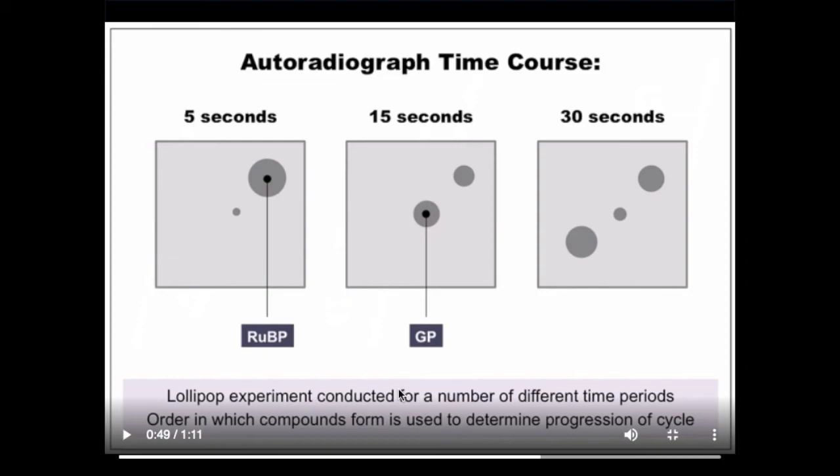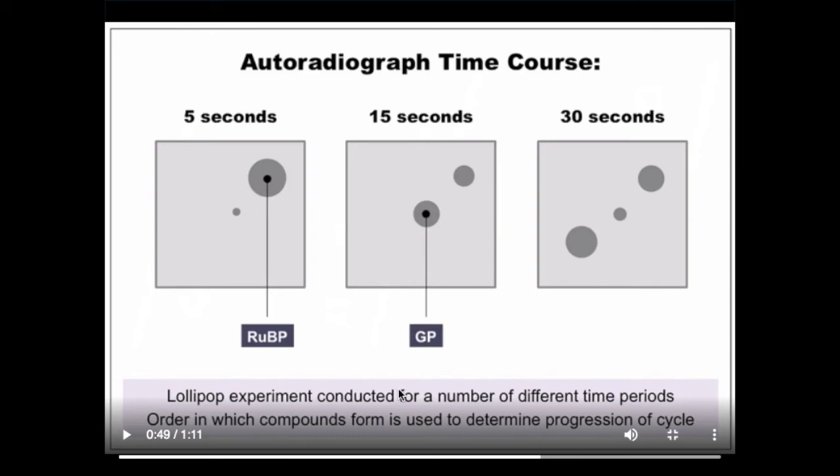What is decreasing through time? G3P. What is increasing through time? Triose phosphate. So if you're Calvin, easy conclusion, right? One is decreasing while another one is increasing, so this probably is becoming this. That's how we propose G3P forming TP.